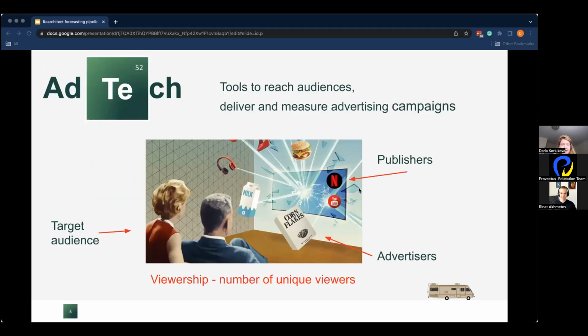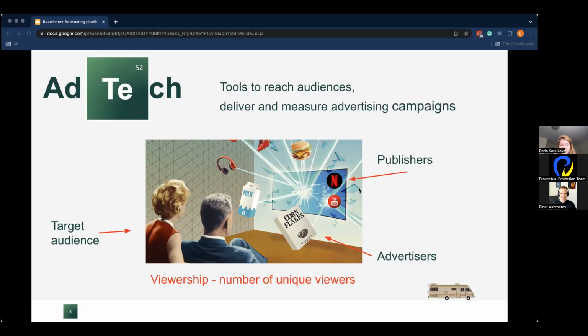So AdTech stands for advertising technology. That's basically all the technologies and tools that help us reach audiences, deliver and measure advertising campaigns. And on this simple picture, I wanted to illustrate the three main doers in AdTech.